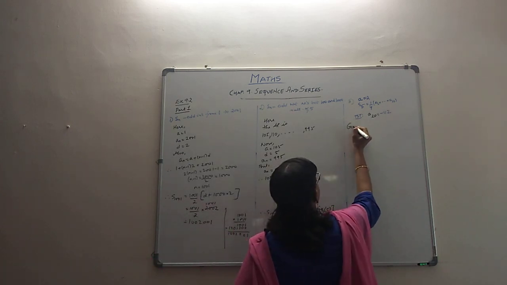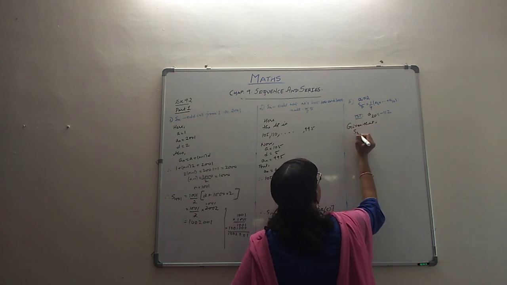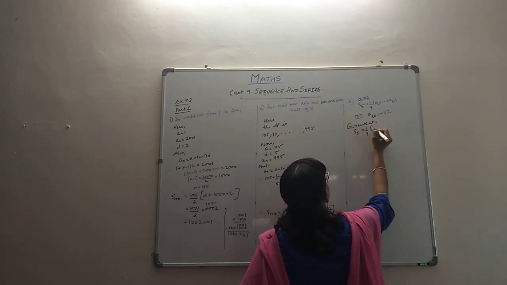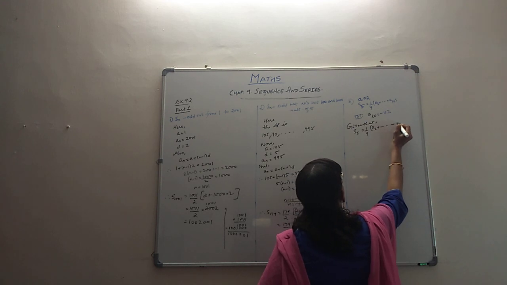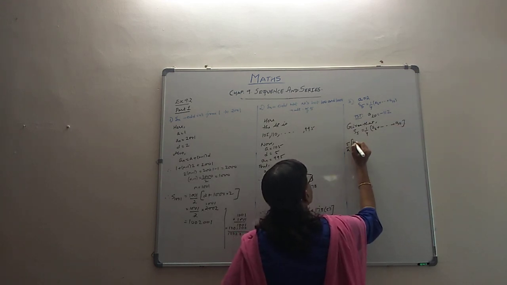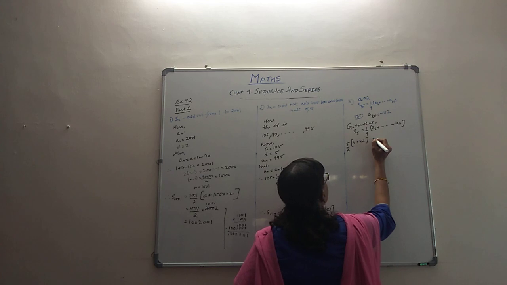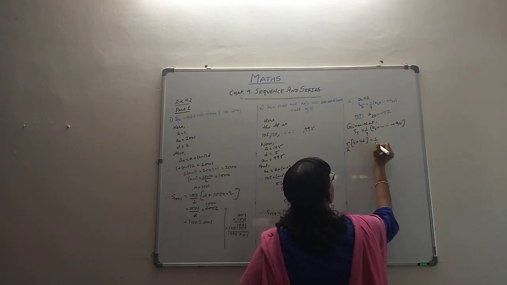Given that S5 is 1/4 times A6 and so on till A10. So by formula n by 2, 5 by 2 times 2a, that is 4, plus n minus 1, that means 5 minus 1, 4, d we don't know, equal to 1 by 4 times.